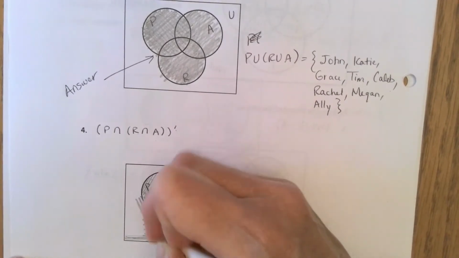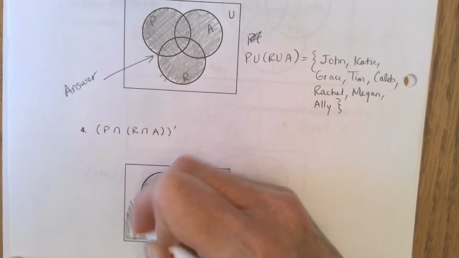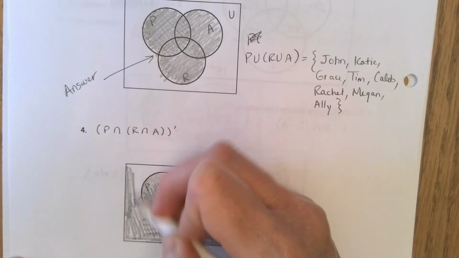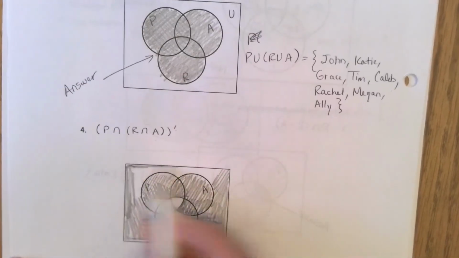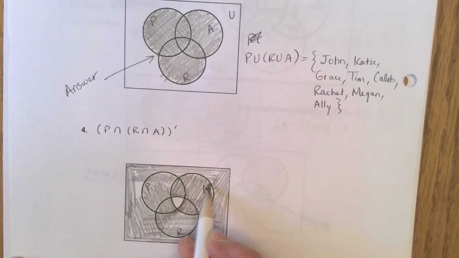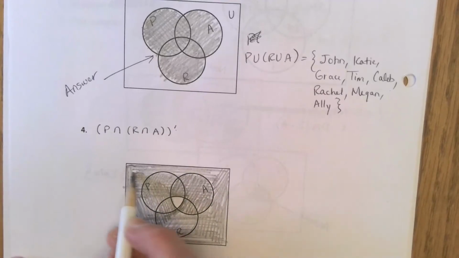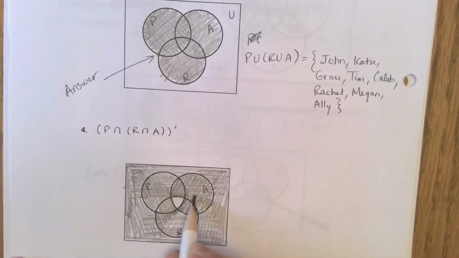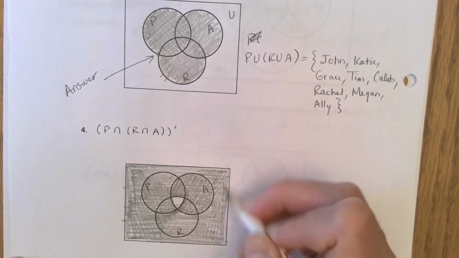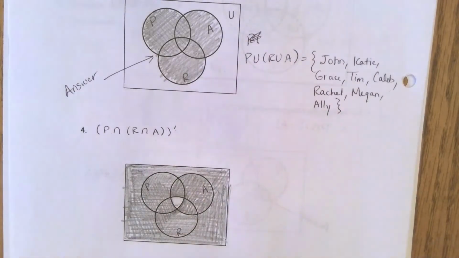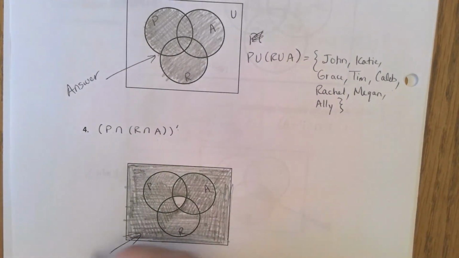Everything out here all the way through to the universal set. So in pictures, what does my answer look like? Well, everything that's shaded out here, short of that little notch in the middle. So there's my answer in pictures.